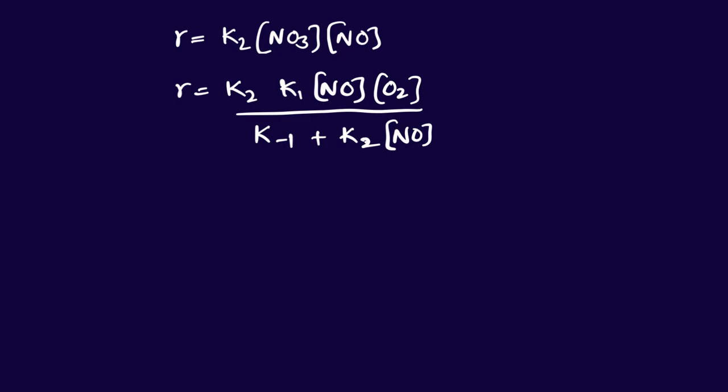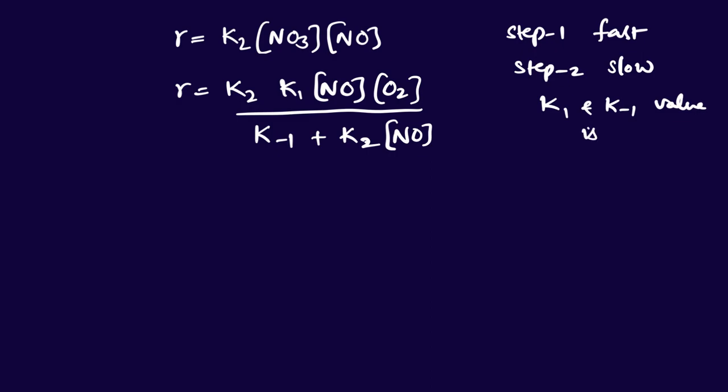Now keep in mind the first step is fast and the second step is slow. Therefore the K1 and K minus 1 values are high. The higher the rate of reaction, the higher the K value. And the K2 value is low compared with K1 and K minus 1, because the first is a fast reaction, with forward and backward reactions at equal rate.